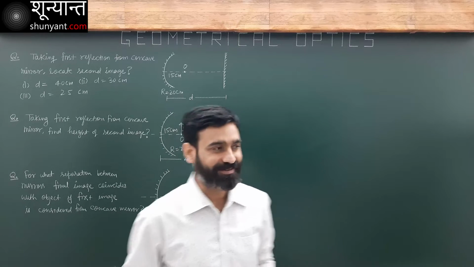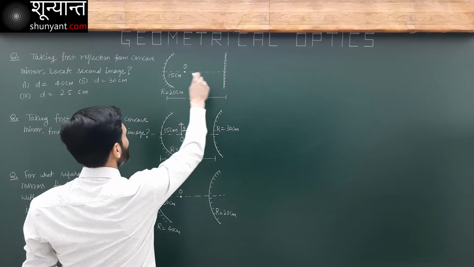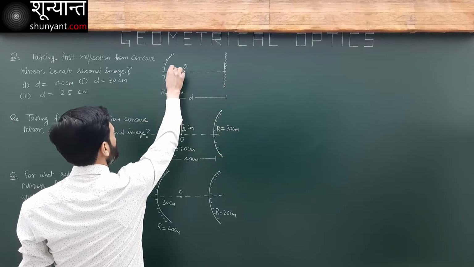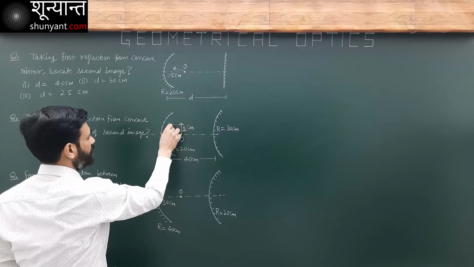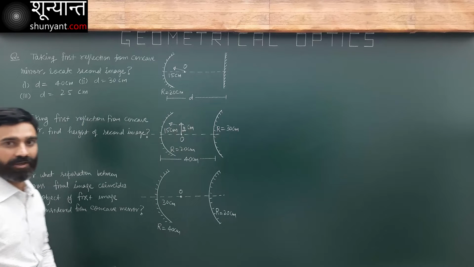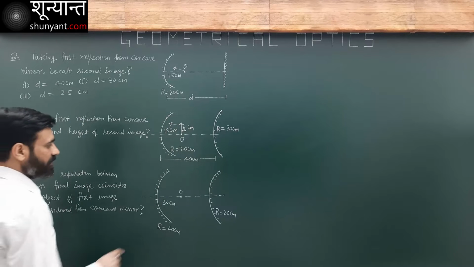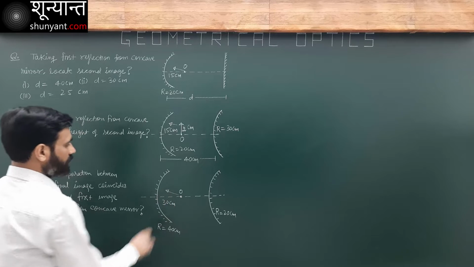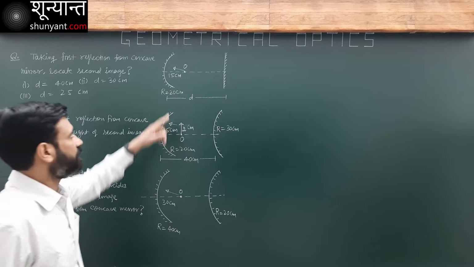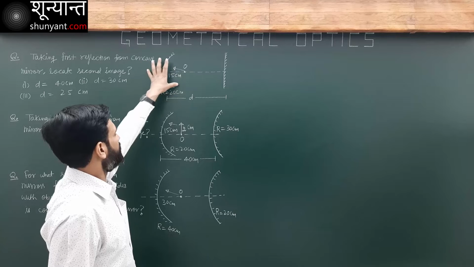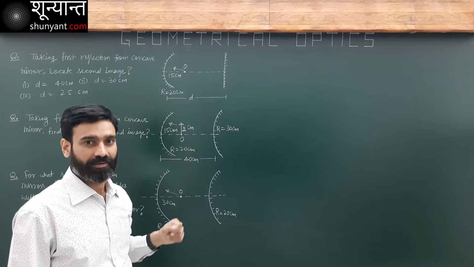They go in all directions, but we are considering the light rays going towards the concave mirror first. So this will make some image. I will get some image from the concave mirror.